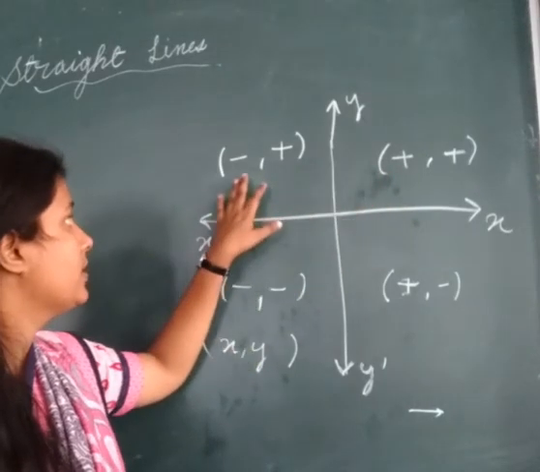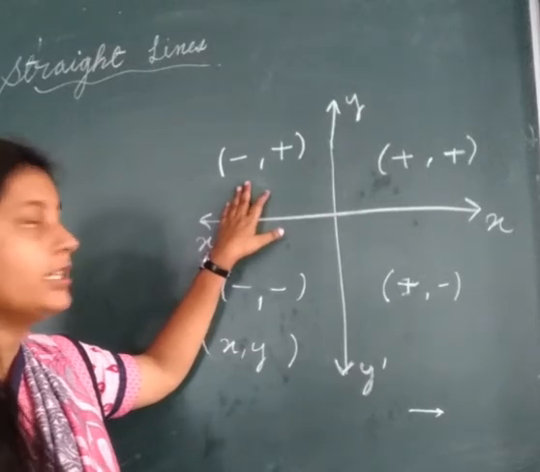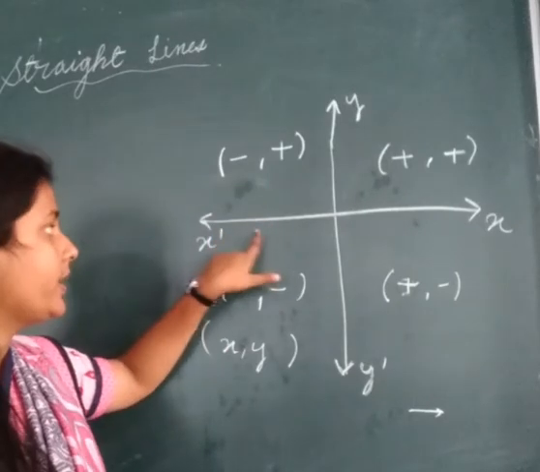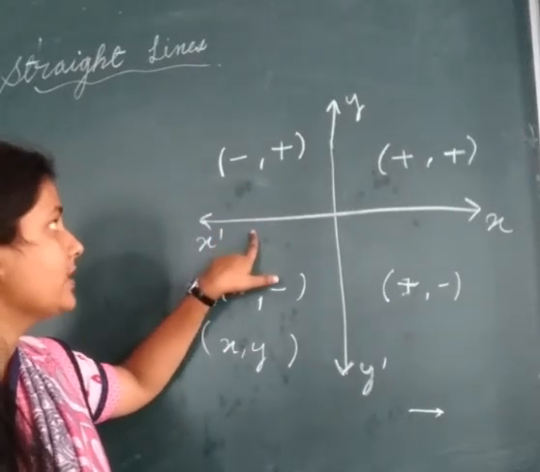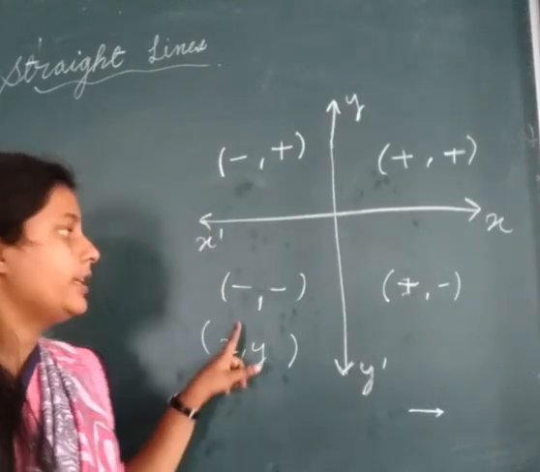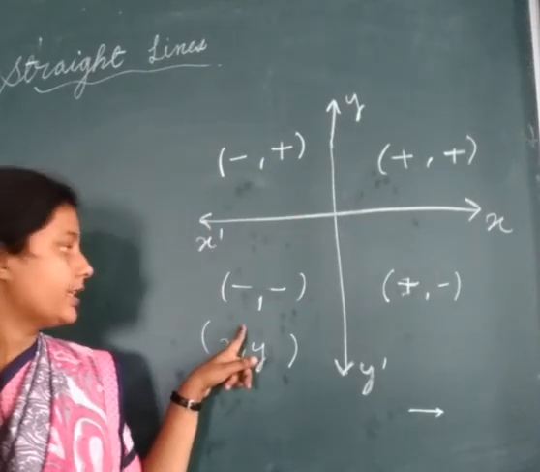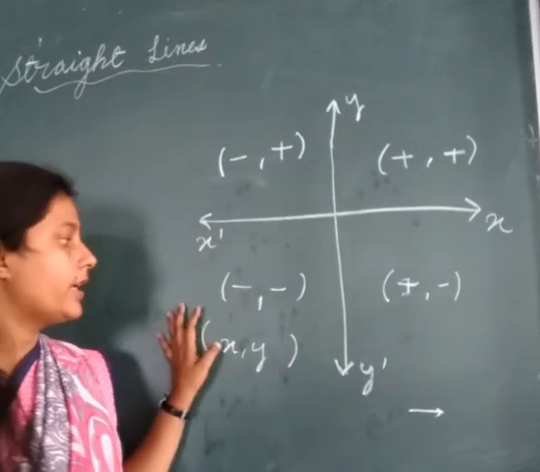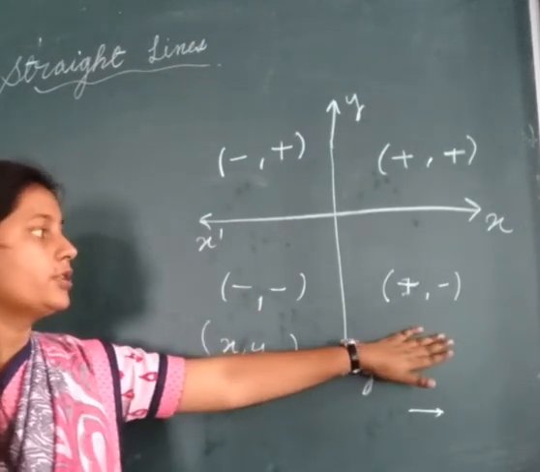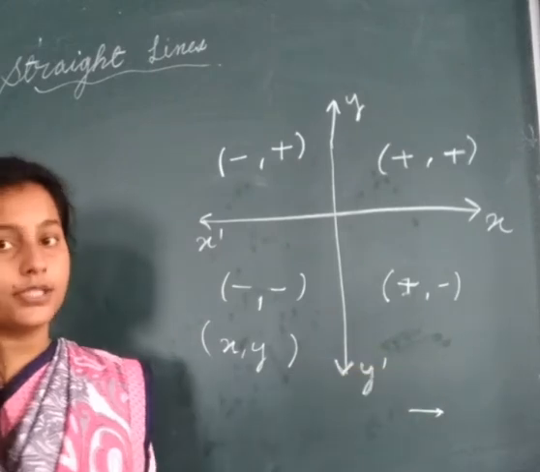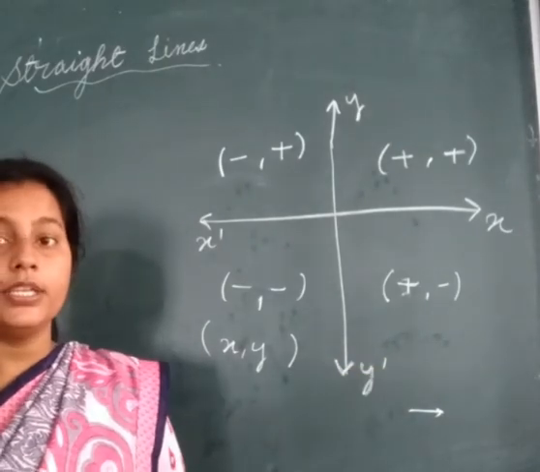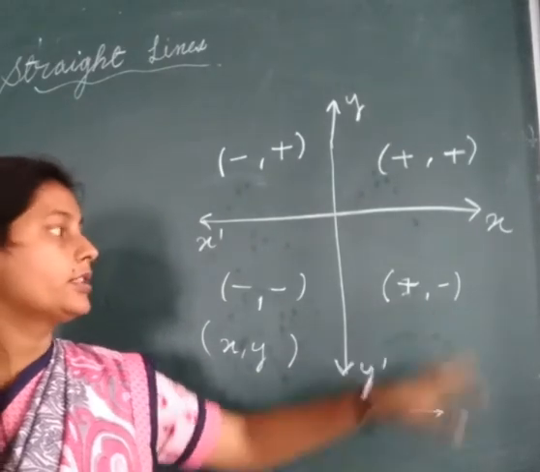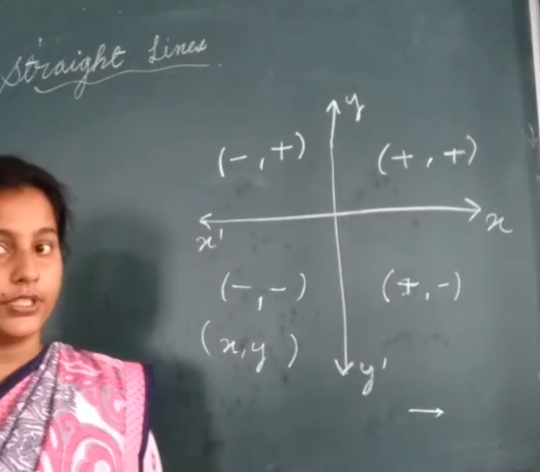If the point is minus 2, 3, it will lie in the second quadrant, where x is negative and y is positive. Similarly, if both the coordinates are negative, that is minus 2, minus 3, that will lie in the third quadrant, and in the fourth quadrant, the point on the x-axis will be positively shown, and the other one on the y will be negatively shown.